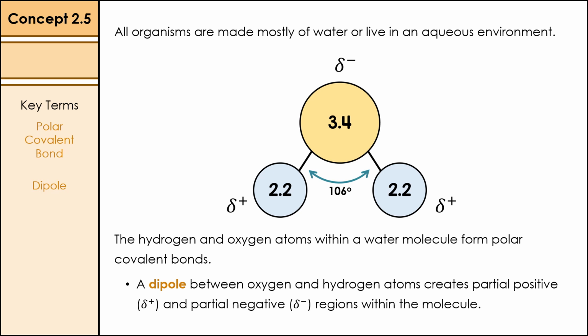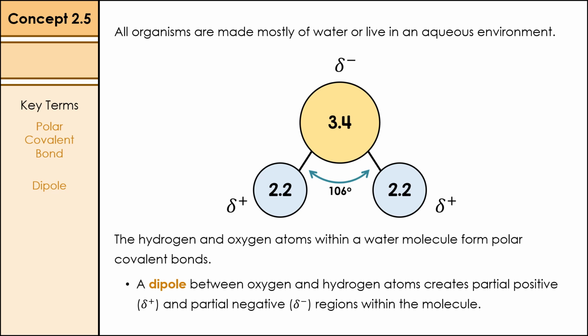As mentioned within the chemistry review, our water molecule is formed from 2 hydrogen atoms and an oxygen atom, covalently bonded. But the electronegative difference between those 2 types of atoms is to a certain degree that we create a polar covalent bond between the atoms. This causes the formation of a dipole, which creates a partial positive charge on our hydrogen and a partial negative charge on our oxygen.